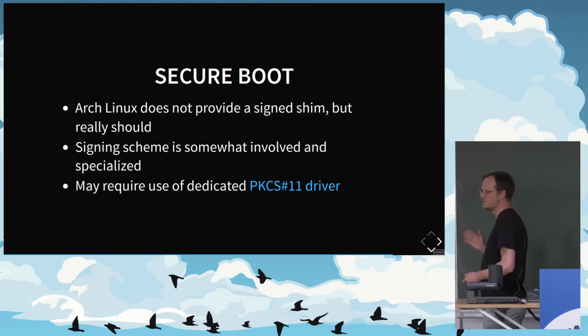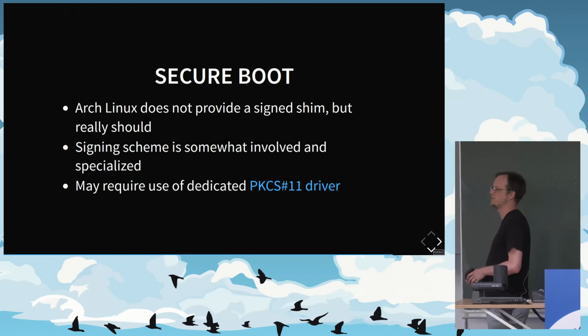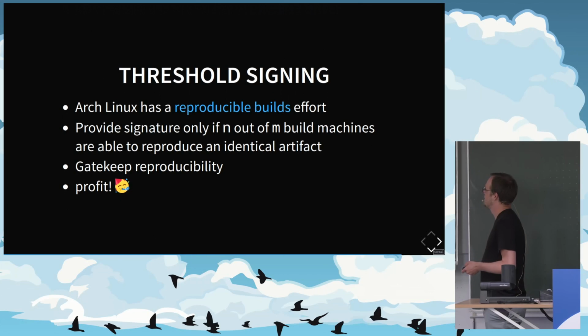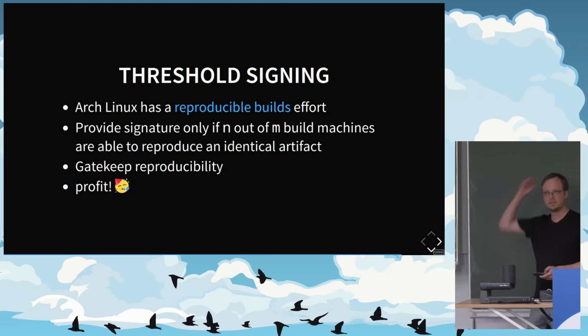The signing scheme is a bit more involved than just doing an OpenPGP signature, unfortunately, because we also need to sign kernel modules, etc., with that. It's a topic for future me or future us. Interesting other things that can be devised in the future are concepts like threshold signing. You're probably aware of the reproducible builds effort.